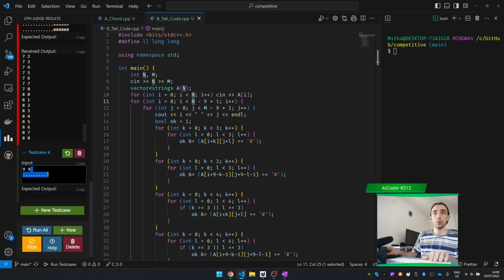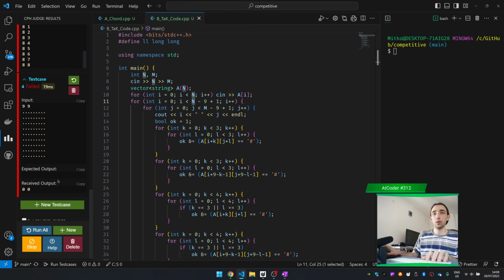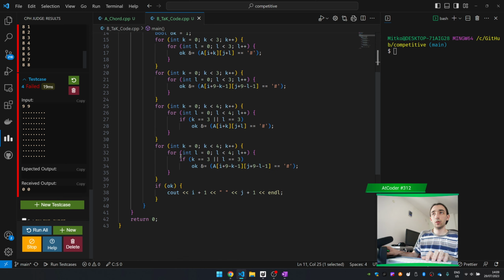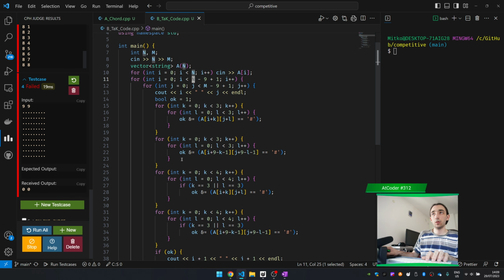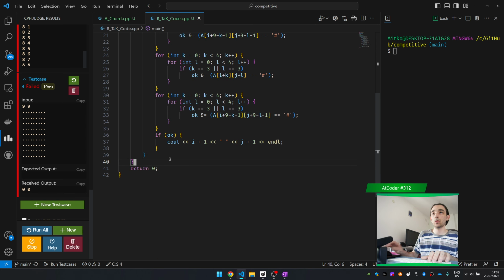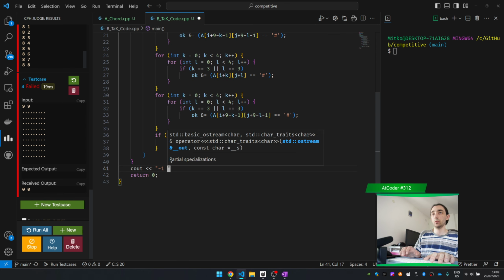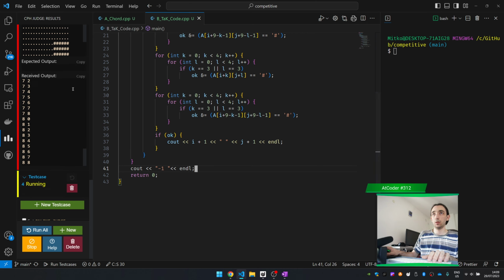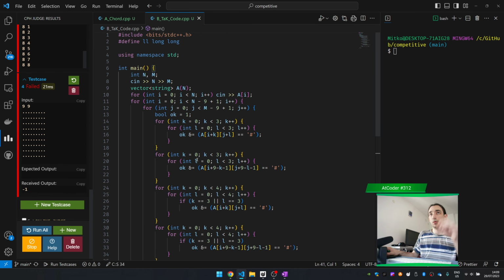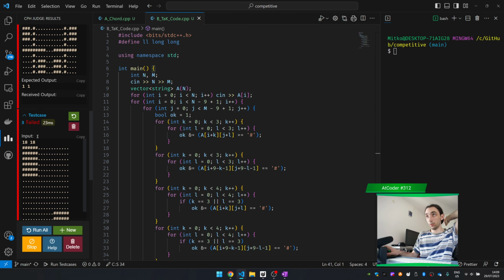So 4, 7, 9. Okay, so let's just print -1 here. Okay, that kind of works.